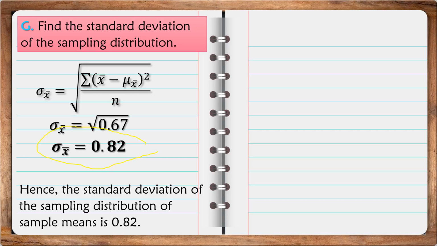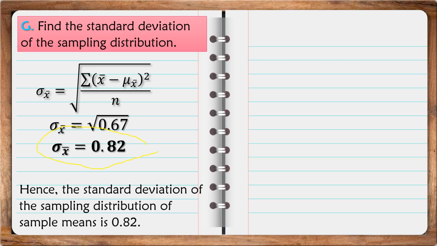Now, the example above, by comparing the means and the variance of a population and the sampling distribution of the sample means, we can summarize the properties of the sampling distribution. We need to take note that if all possible samples of size n can be drawn from a population of size N with mean and variance, then the sampling distribution of the sample means has the following properties.